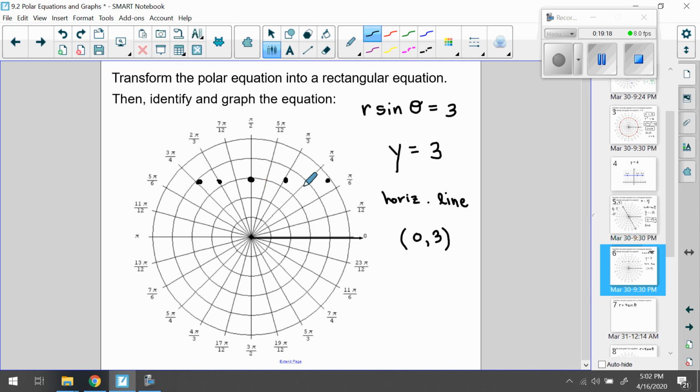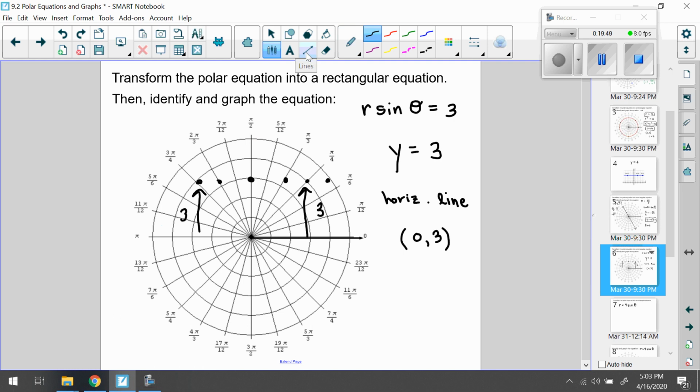You might say this looks like it's 4 units away. But again, we're not talking about r, we're talking about y. Yes, this is 4 units along in value of r, but that's not what we're graphing. We're graphing y equals 3. So I'm going 3 units up from my polar axis, or from what we would normally say is our x-axis, regardless of how far away it is from the pole.